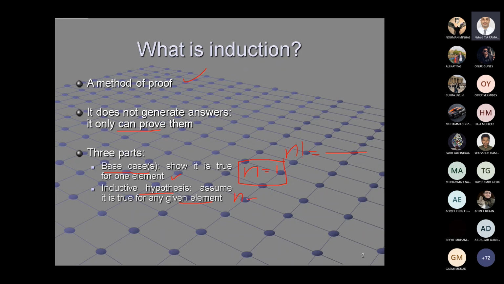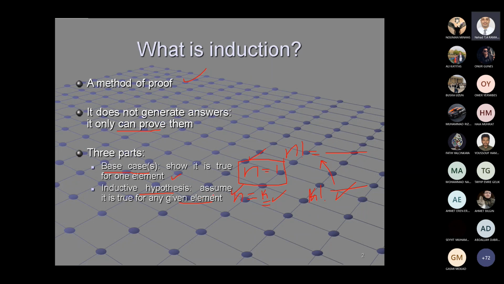So for n equal k, we assume that it's true. So we take, in this case, k factorial as true for this question as an example. Okay. So we take the base case, then we assume that it's true for case k. We don't know what this case is.